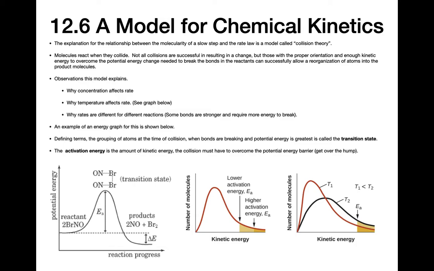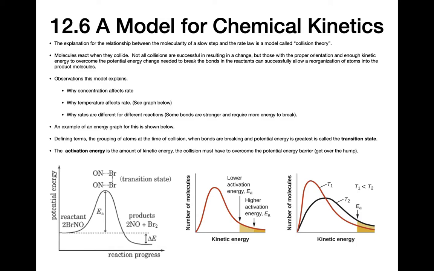Actually, the reactant molecules are somewhat stable because they're bonded. The collision causes the potential energy to go up, and so it climbs a hill. The top of the hill would be where the bonds are breaking, because breaking bonds raises potential energy. Then, as the new bonds form, the energy goes back down.